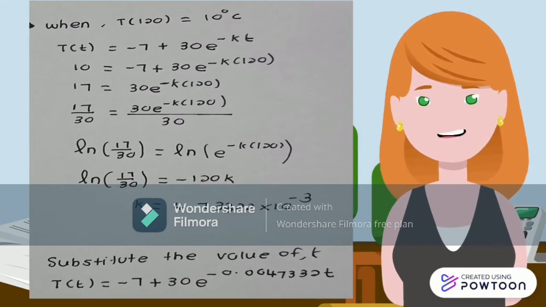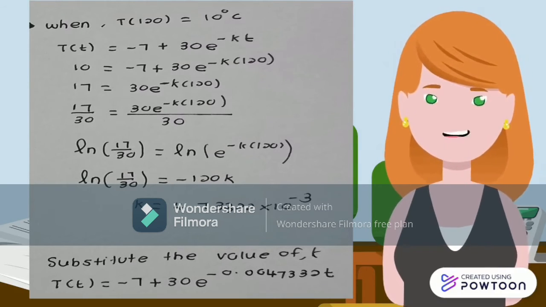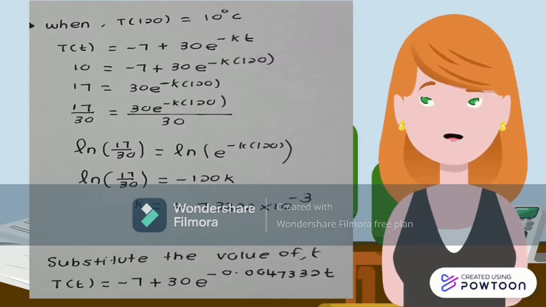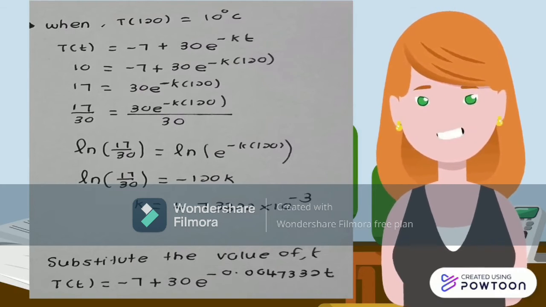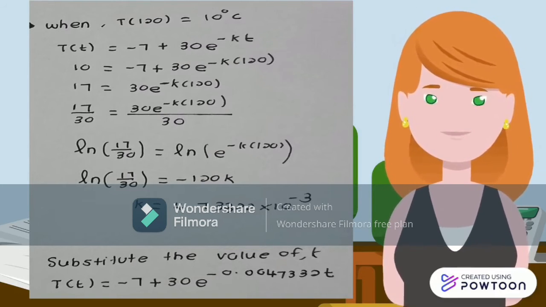After the substitution, we will get 10 equals negative 7 plus 30 exponential negative k times 120.